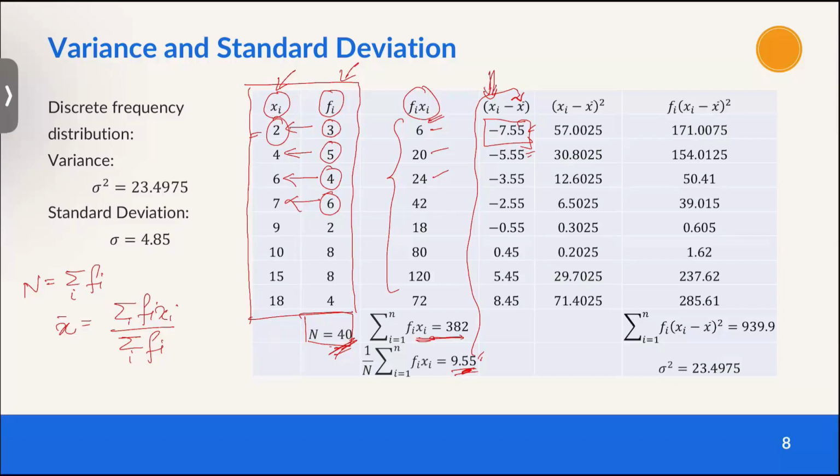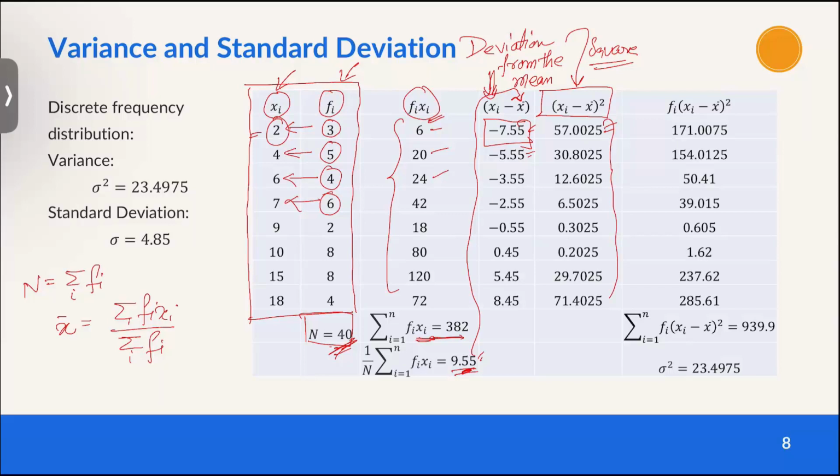Okay. So this is xi minus x bar. So these are the deviations from the mean. Now we will square them up. So this is the square of the deviations from the mean. So minus 7.55 squared is 57.0025 and so on. We will square all these up.